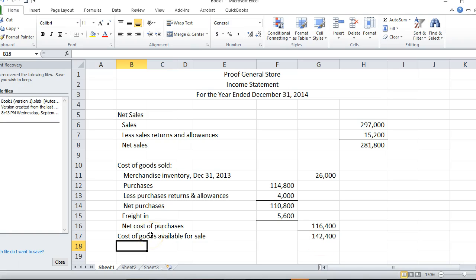Then what we do is we show less merchandise inventory on December 31st, 2014, which was 22,000. The difference is our cost of goods sold.